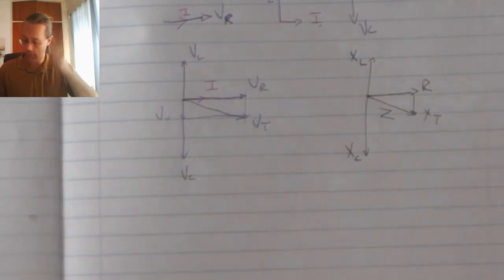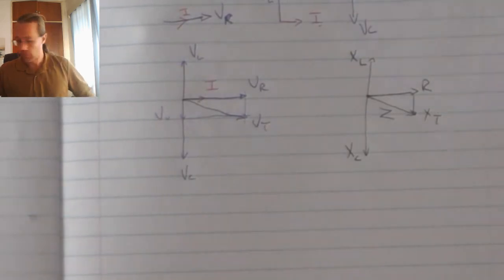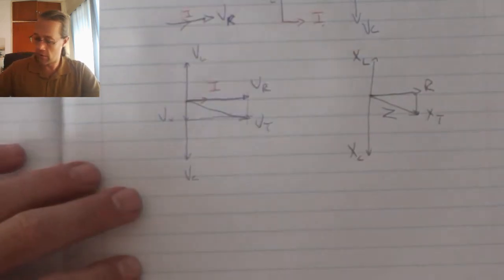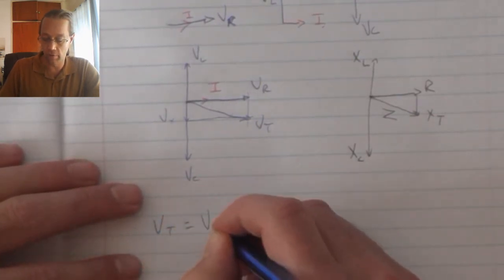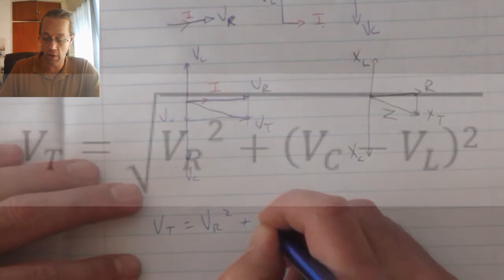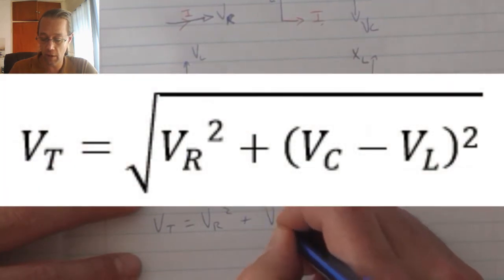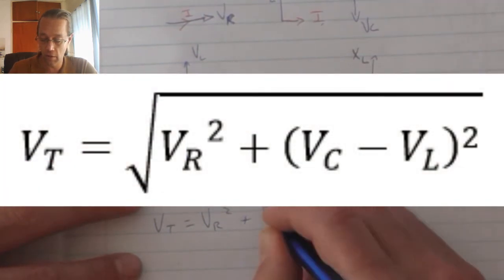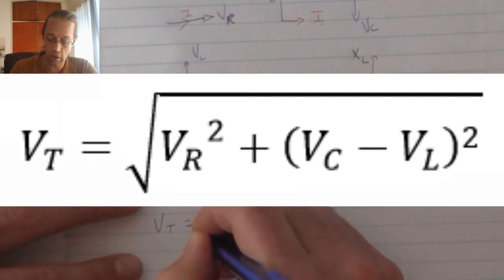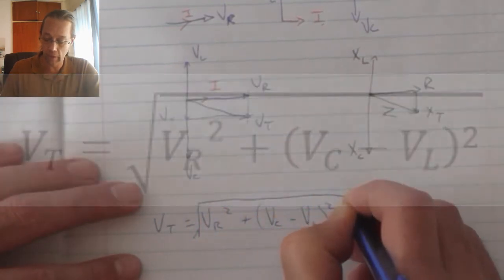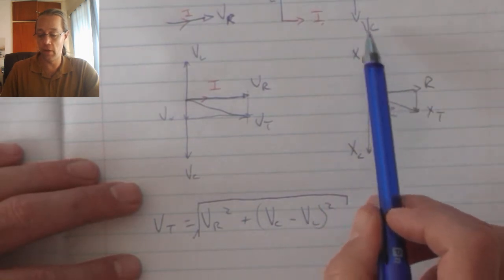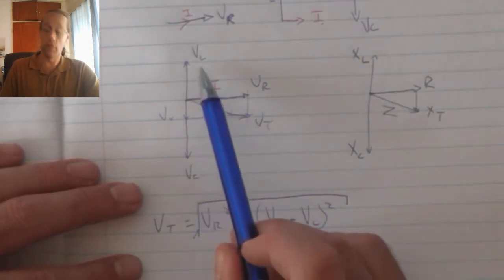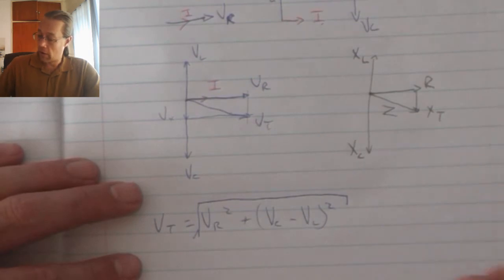When we calculate total voltage, that is equal to VR squared plus the difference between VC and VL squared, and then all of that rooted. VC minus VL, because VC is greater than VL, and we're subtracting them to get a positive answer.